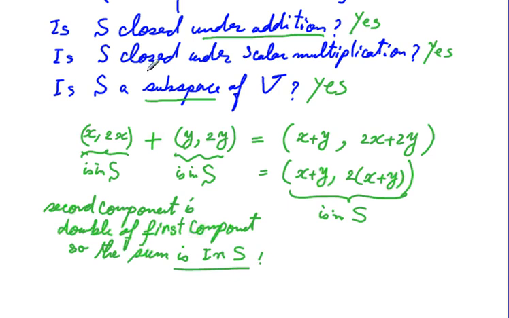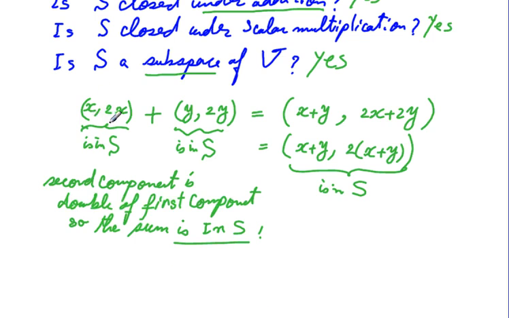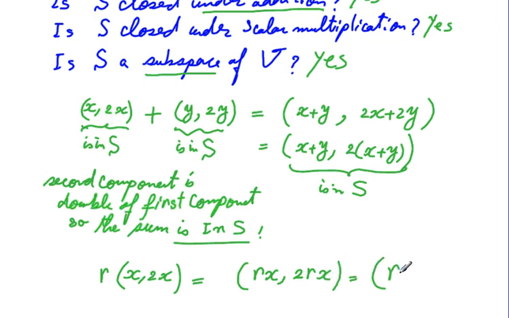How about under scalar multiplication? How do we try that? Again, I pick one representative member, like x and 2x, and I pick a scalar, some number like 2, 3, 5, or 10, and I multiply. I get Rx and 2Rx, or if you wish, R2x. So the second element is twice the first element.